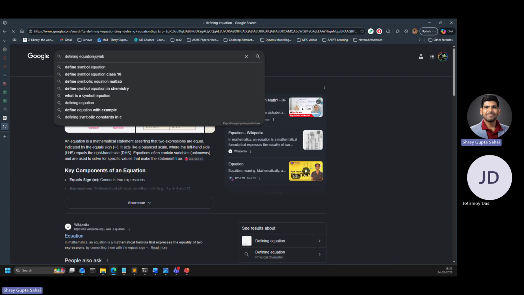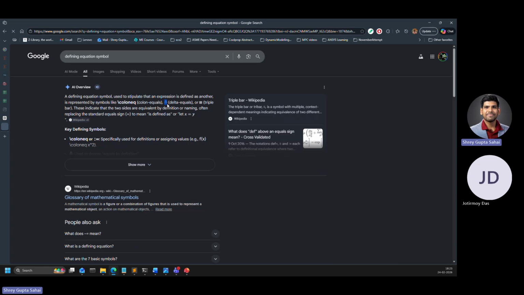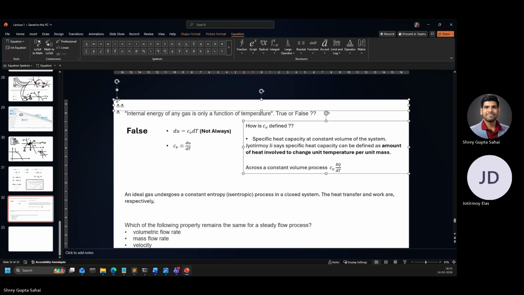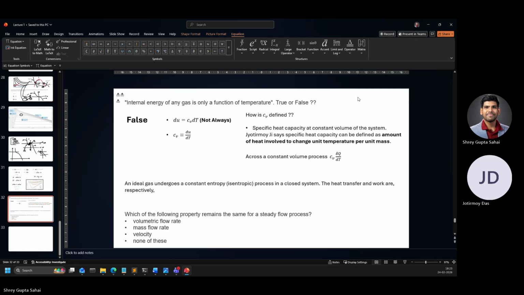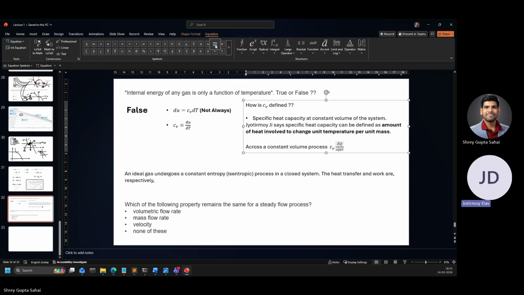The symbol I'm looking at is this one. Delta equal. So basically, I'm defining it to be this. Essentially, I want to use this symbol where you have an arrow over these two lines.